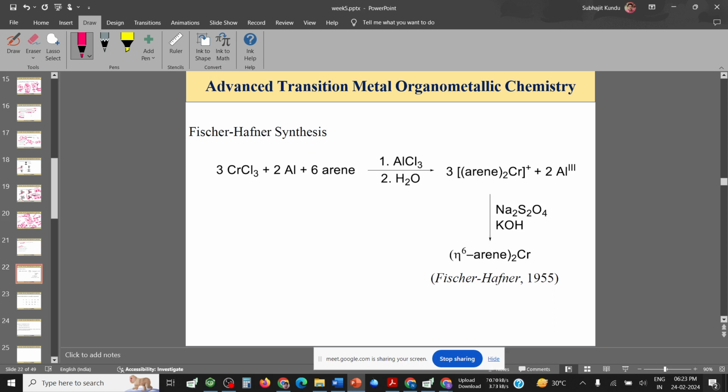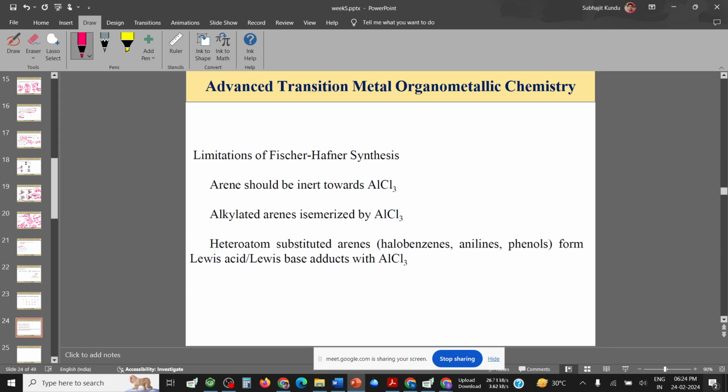We have seen that this is the arene system synthesized by Fischer and Hafner in 1955: CrCl3 plus Al plus 6 arene, AlCl3 plus H2O, and then sodium thiosulfate and KOH, forming the arene system. When synthesizing bis arene complexes with this method, we need to remember certain limitations: no other functional group should be attached to the arene which can form an adduct with the aluminum chloride. The arene should be inert towards this synthesis, and the alkylated arene isomerizes with aluminum trichloride, so alkylated arene we cannot use.